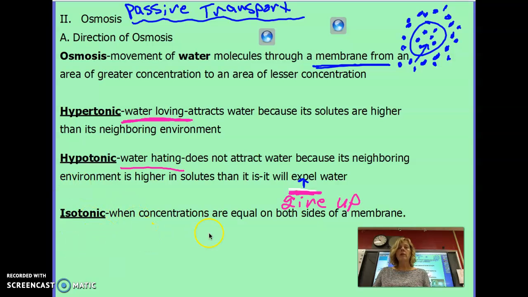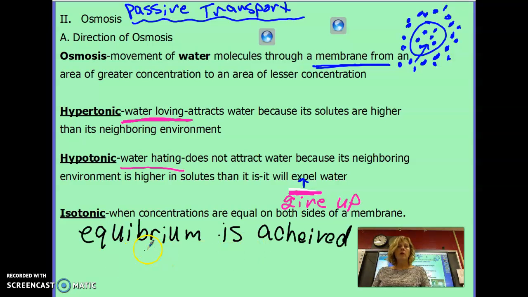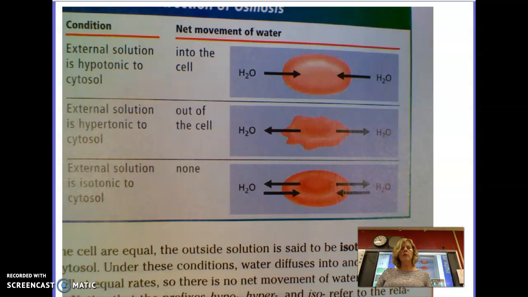And then isotonic really is when equilibrium has been achieved and water is equal on both sides of that cell membrane. So if we're talking about cells, it means that water is present in equal quantities or percentages on either side of that cell membrane. So this is why it's important in your body.